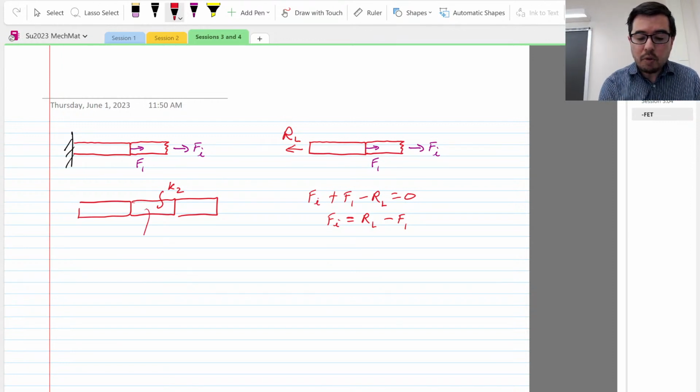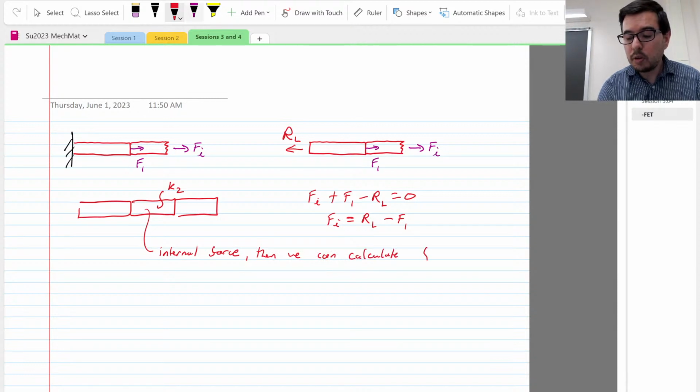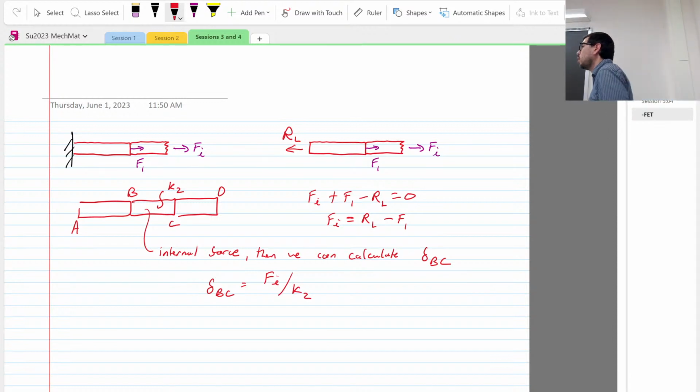If I know the internal force, then we can calculate what we're going to call delta BC. If this is B, this is C, this is D, this is A, delta BC is just going to be this internal force divided by K2.